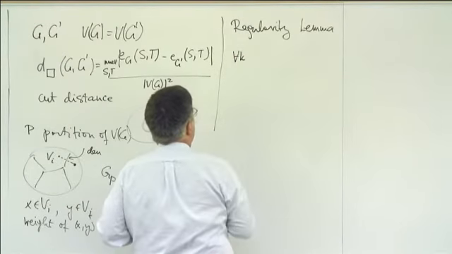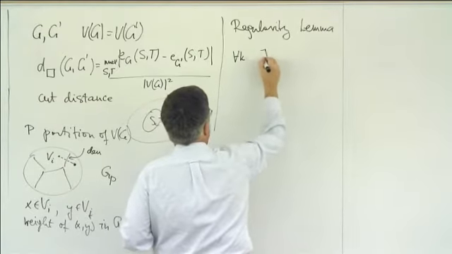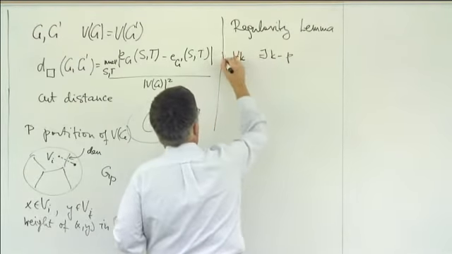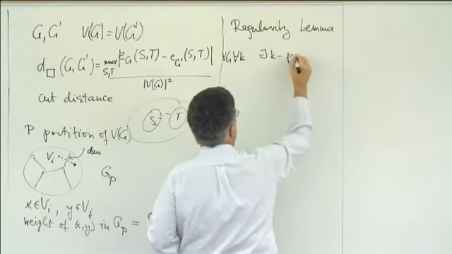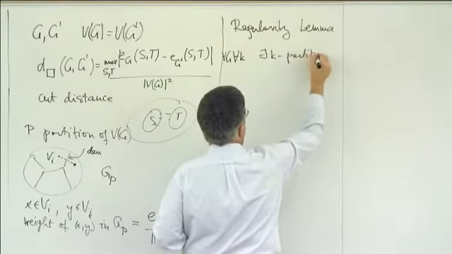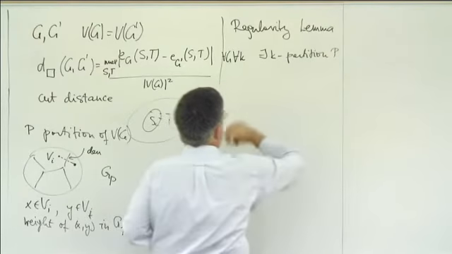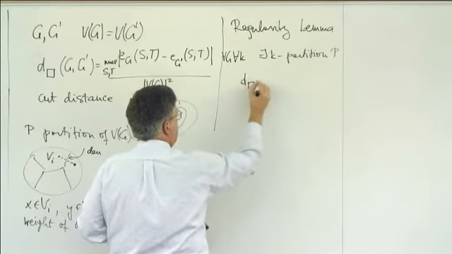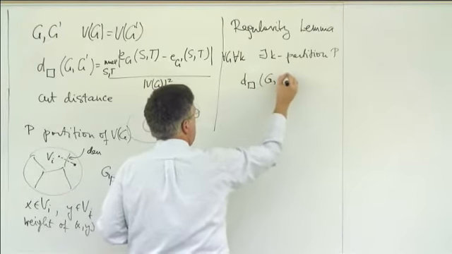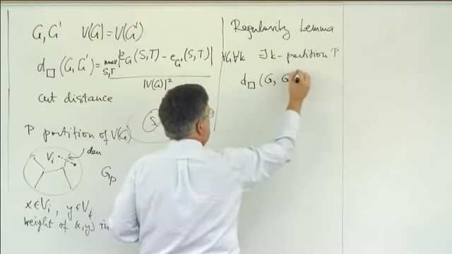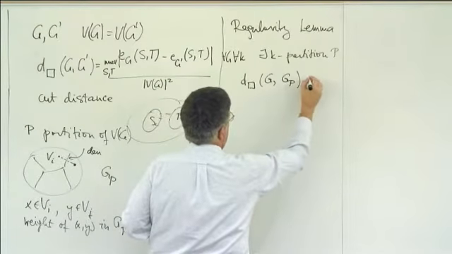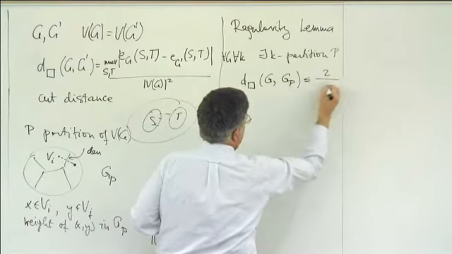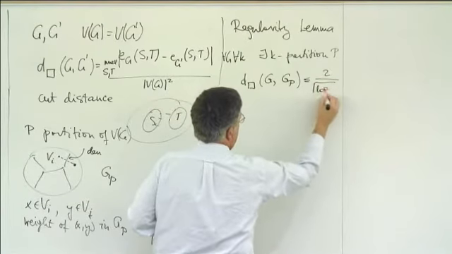For every graph and for every k, there exists a k-partition P such that the cut distance between G and this G_P is bounded by, I think it's 2 over square root of log k.